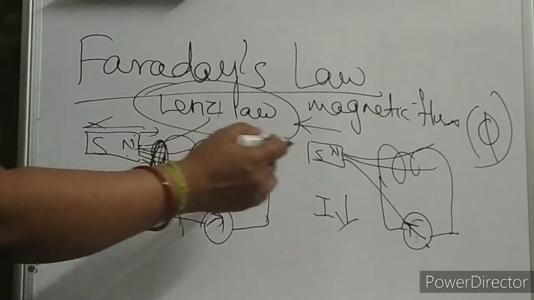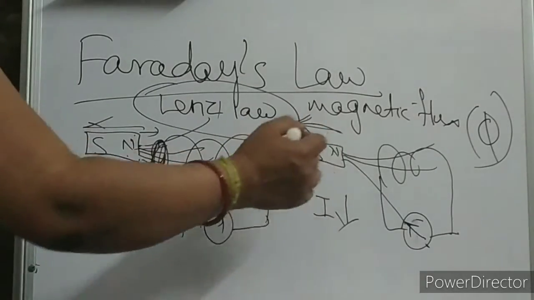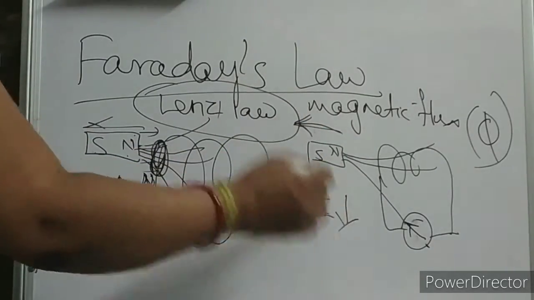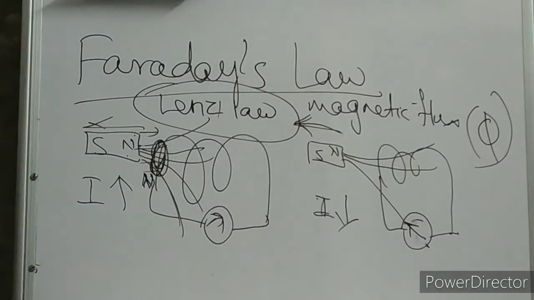Suppose here you are moving the north pole away from the coil. So what is happening? Your induced current decreases. Since the induced current decreases, now what will this induced current do? Oh, now it is going far up. No, I have to bring the magnet closer.